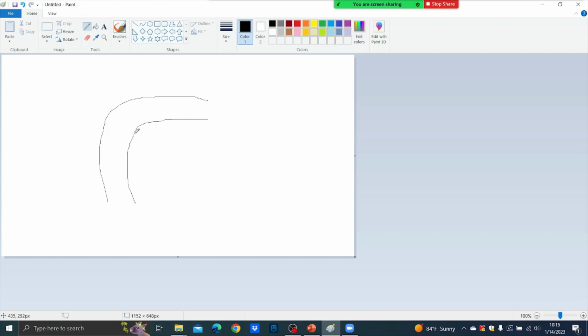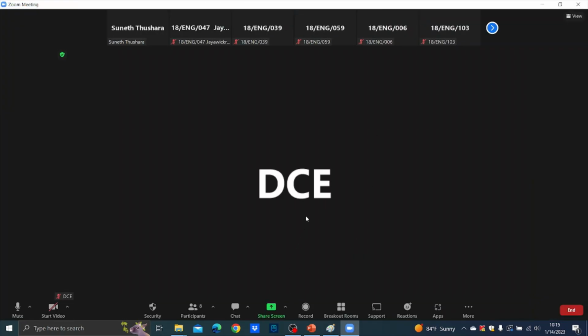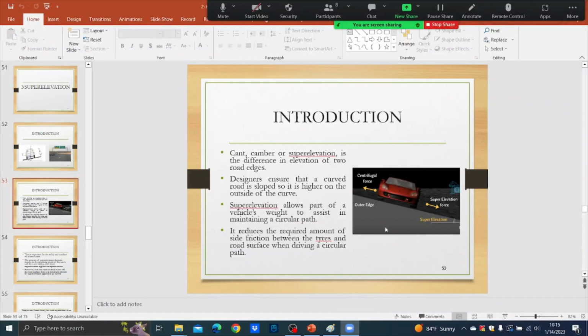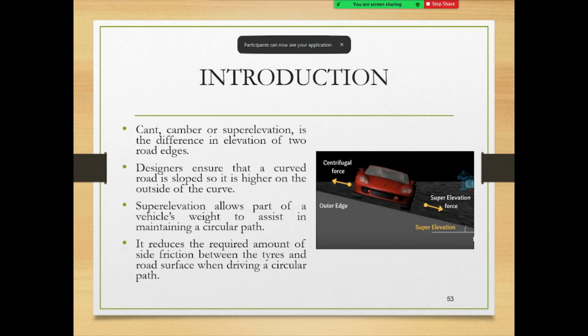So this is the inner side of the curve, because if this is the center, this is the inner side of the curve, and this is the outer side of the curve. So designers ensure that a curved road is sloped so it is higher on the outside of the curve. This is the outside of the curve.